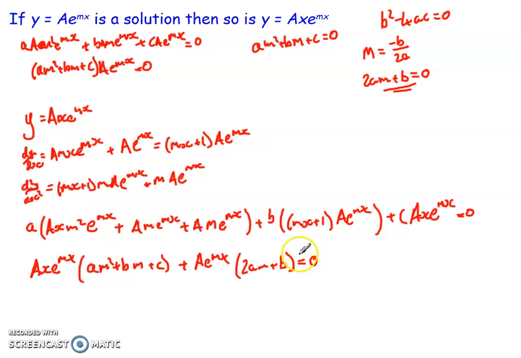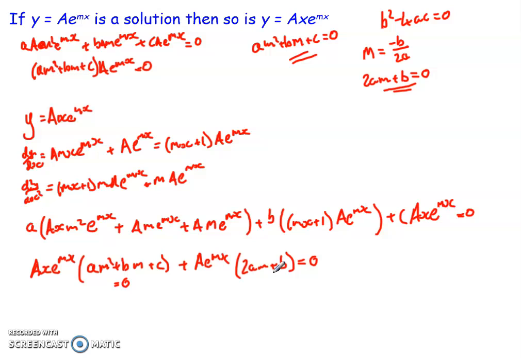So what we now know is that I've got this as my overall solution. Now, we know that these e to the mx parts cannot be 0. So what we need to do is set am squared plus bm plus c equal to 0. We know that from the auxiliary equation, so that part is equal to 0. However, we've got ae to the mx times 2am plus b.